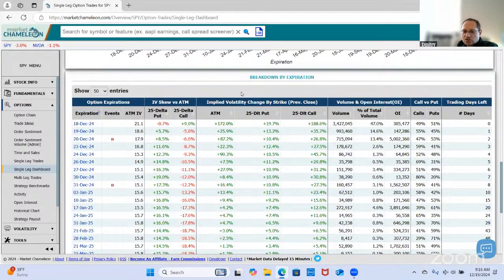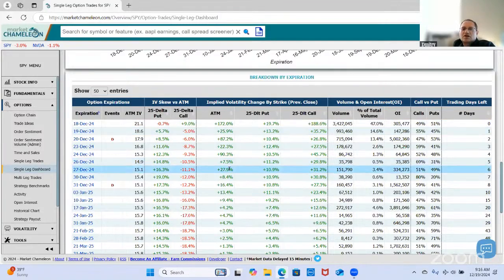So we have to find the strikes that we're referencing, check what the implied volatility was the day before compared to what it is now, and get the change. Just like a stock price: where did the stock price close yesterday, where is it now? And then what was the change in the implied volatility? So in this case, the at the money implied volatility was up 27.9%.